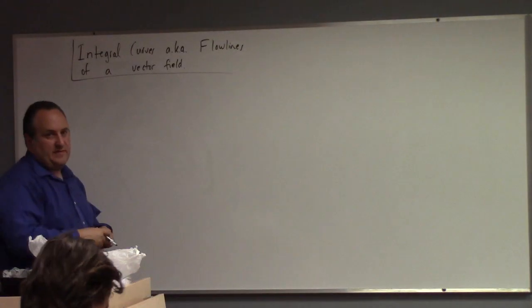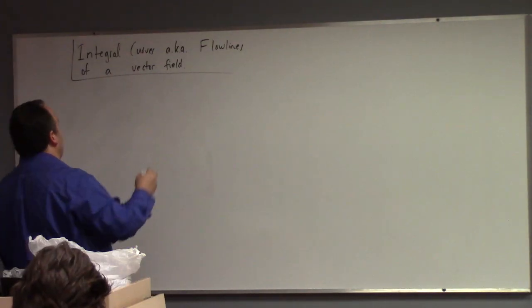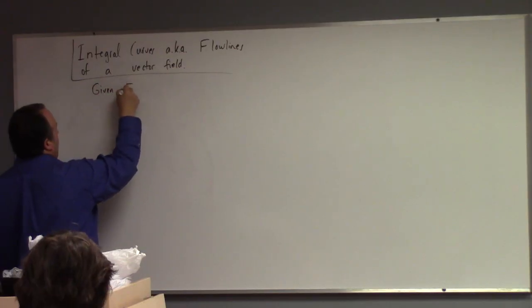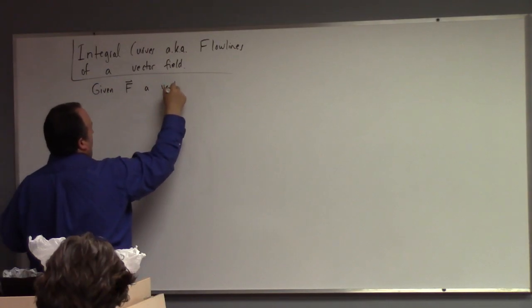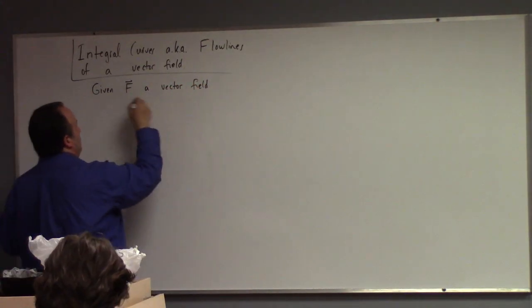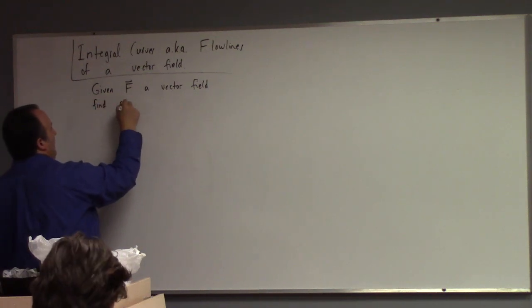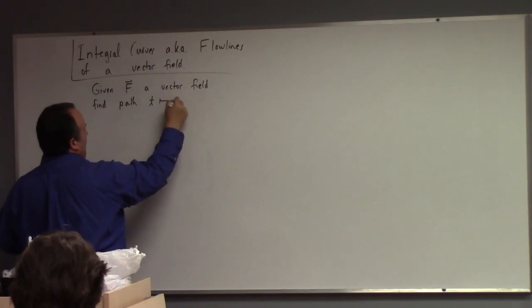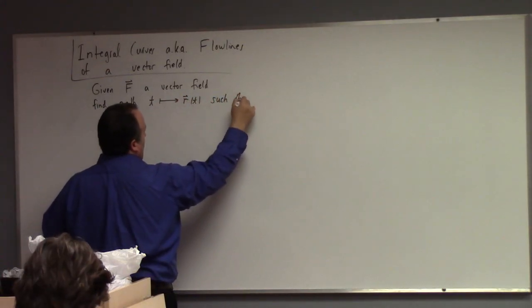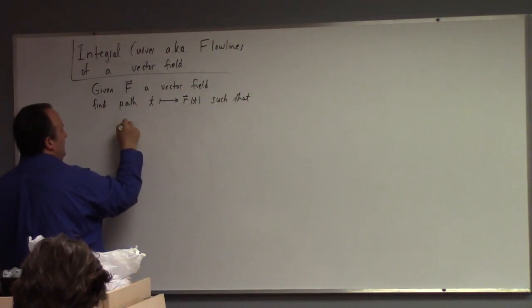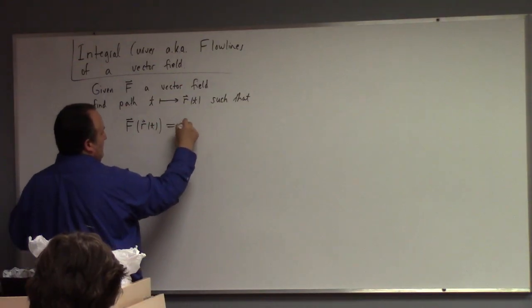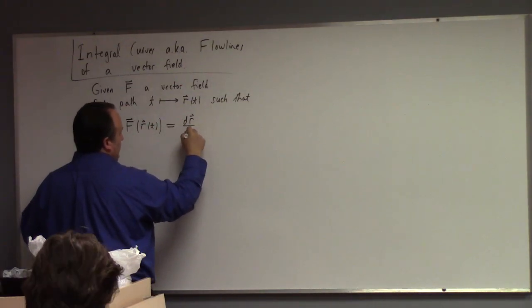So basically the idea here is we want to find, for a given vector field F, a path t maps to r of t, such that F at r of t is equal to dr/dt.